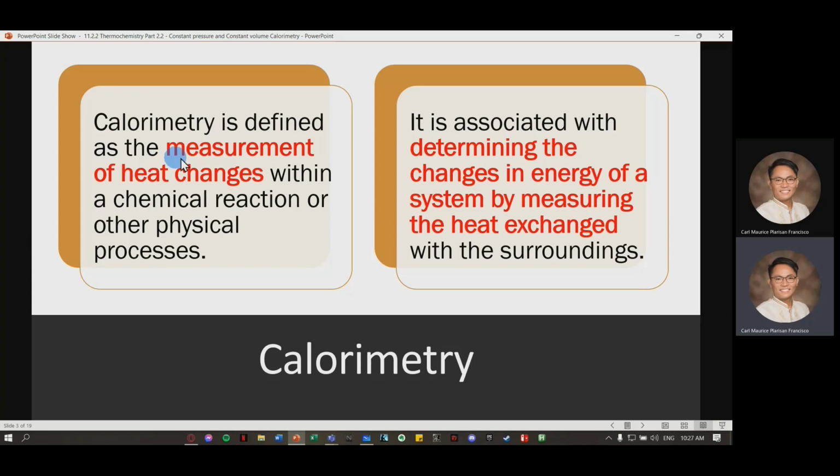Calorimetry is defined as the measurement of heat changes within a chemical reaction, and calorimetry is associated with determining or calculating the energy changes of a system through measuring the heat exchange with the surrounding. Okay, so the heat exchange between the system and the surrounding. So that's calorimetry in a nutshell in terms of technical definition.